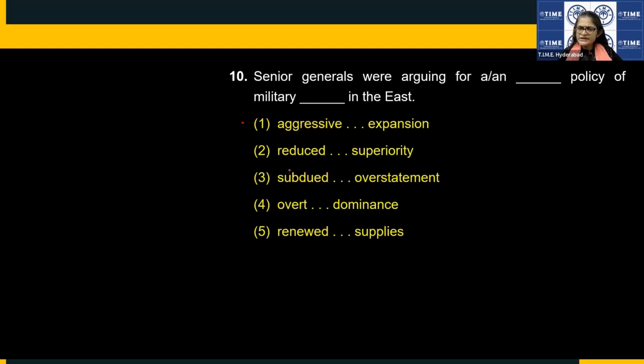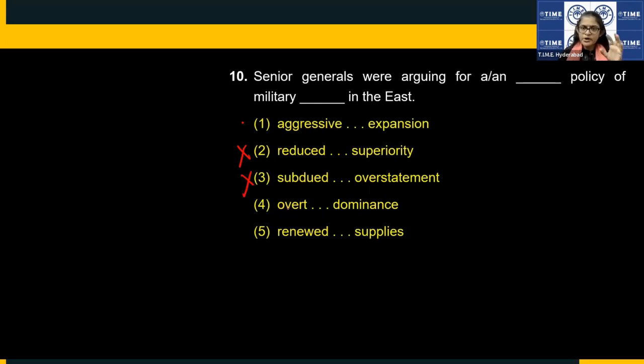Reduced policy of military superiority. Why would they want to reduce their military superiority? Does not, and you don't say reduced policy. Subdued policy of military overstatement. Subdued and overstatement are contradictory, and both of these do not agree with the context of the military force.